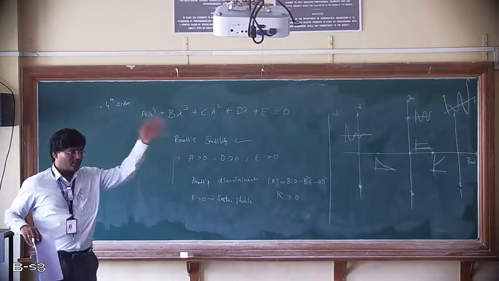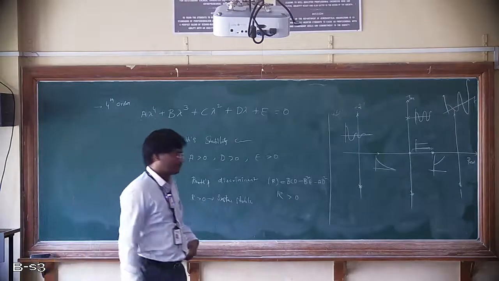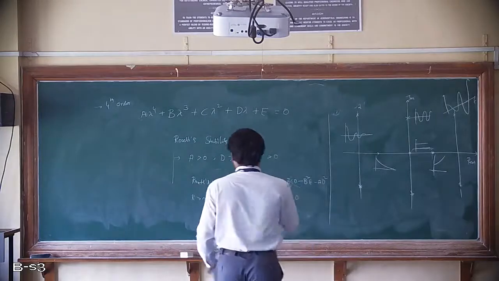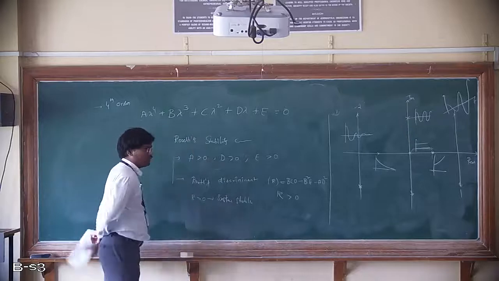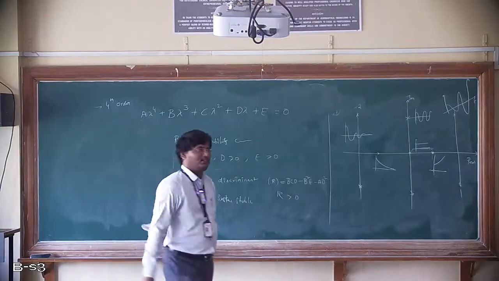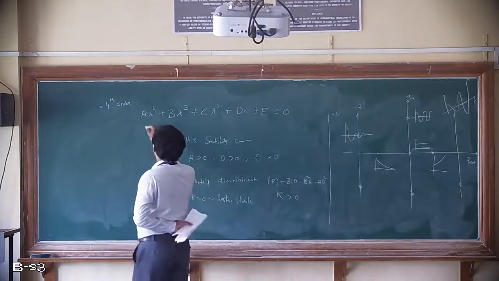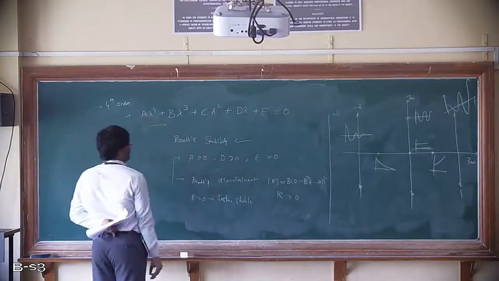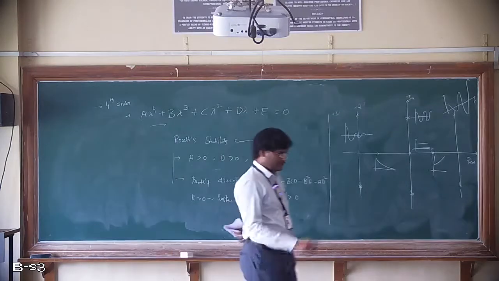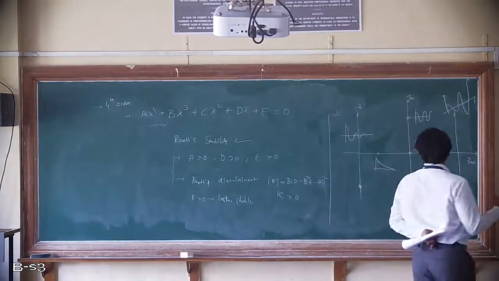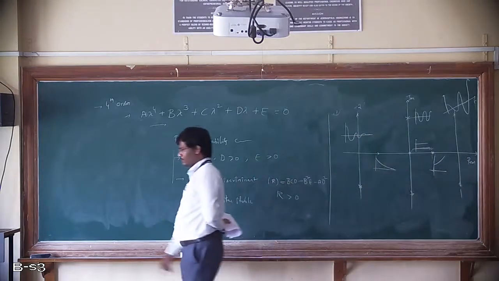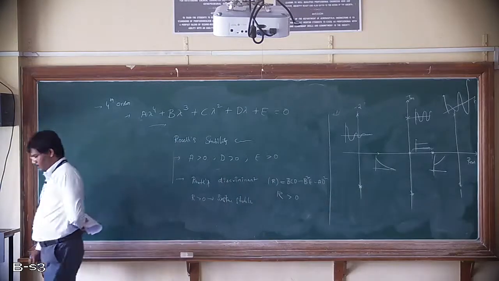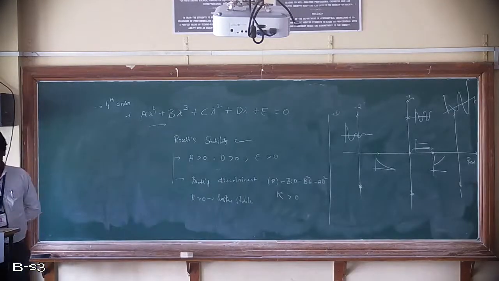No need to draw the Routh's array technique again. These are the two conditions. Just explain these two conditions and solve that equation, and you can comment whether this is stable or not. This is the condition for stability.